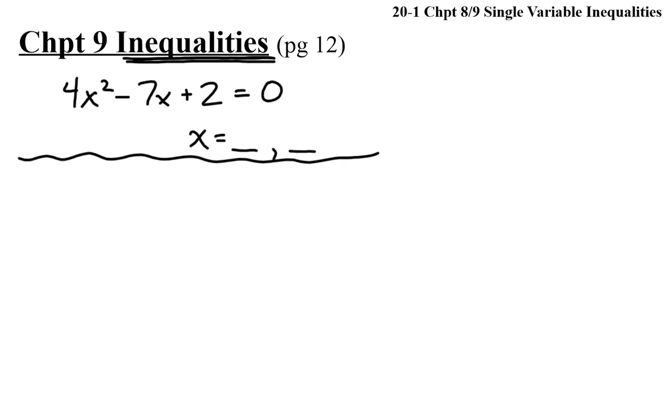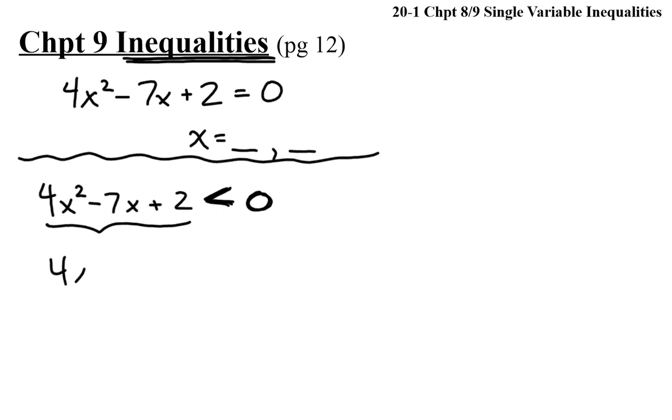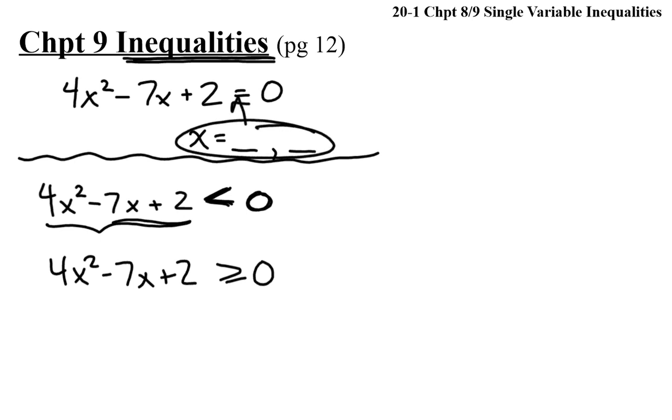Well, the big difference with an inequality is that I could have this same kind of information, but now I say, instead of equaling, we're saying that this equation or expression has to be greater than 0. Or less than 0, sorry. Or that particular expression could be greater than and equal to 0. So now we have to solve not for specifics equal to something, but we need to come up with some values so that this left side is less than 0.